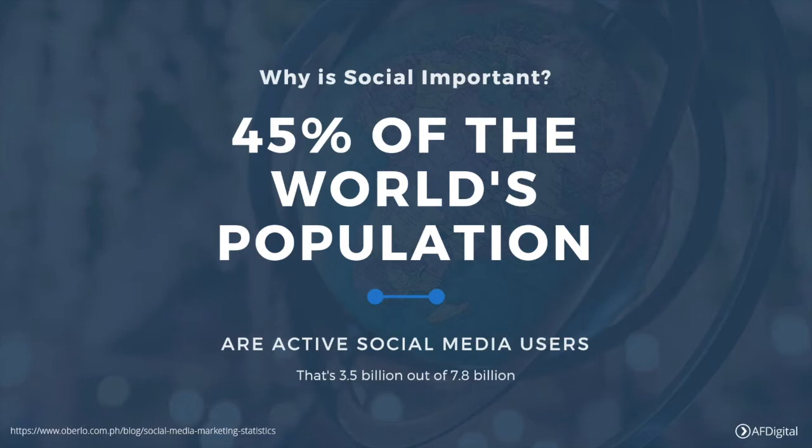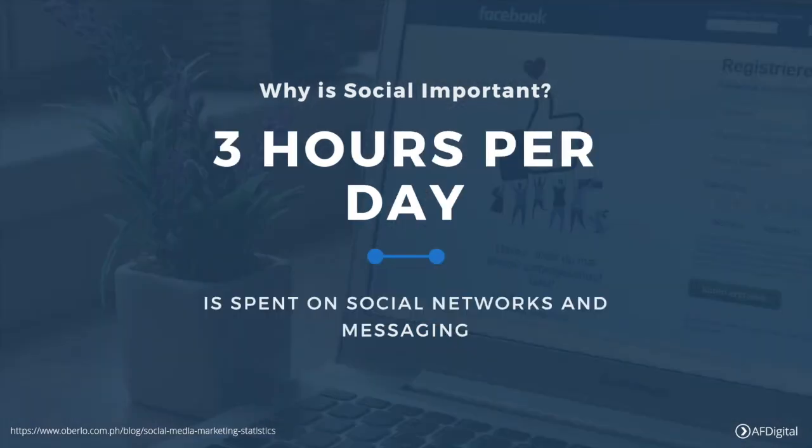And not only that, the average social media user spends about 3 hours per day on social networks and messaging alone. This number may obviously rise, especially given the recent happenings all over the world with the lockdowns, and now people have more time to actually access social media.